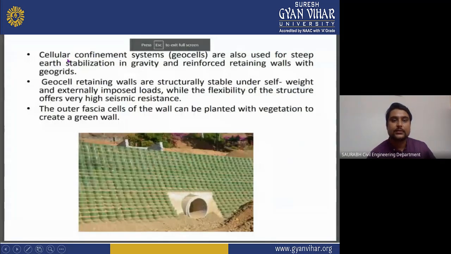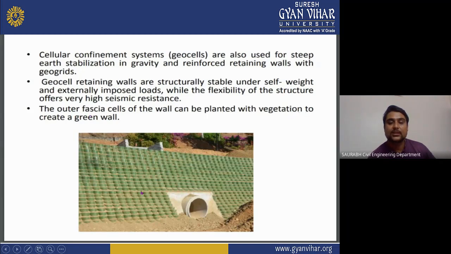Now this is your cellular confinement system. Geocells are used for earth stabilization in gravity and reinforced retaining walls with geogrids. Geocell retaining walls are structurally stable under self-weight and externally imposed load. While the flexibility of the structure offers very high seismic resistance, the outer fascia of cells of the wall can be planted with vegetation to create a green wall.